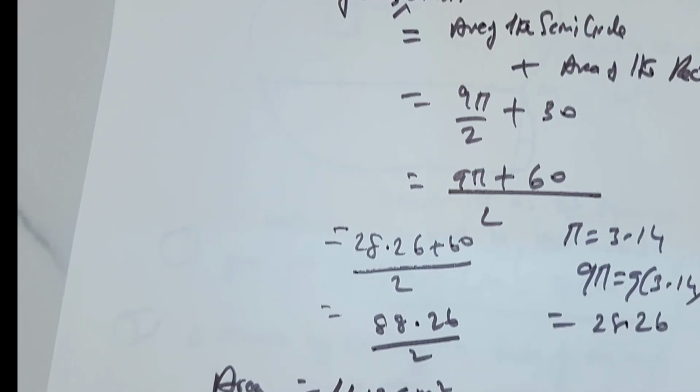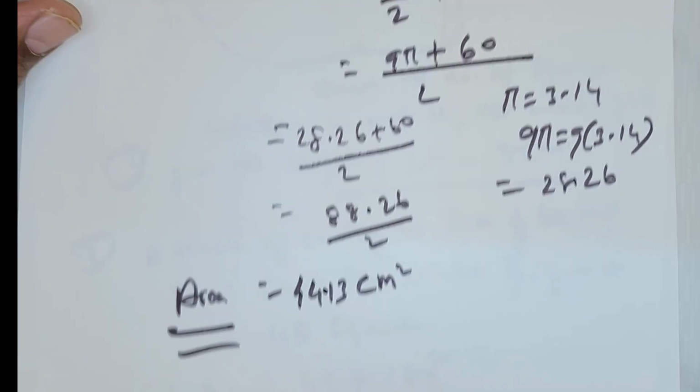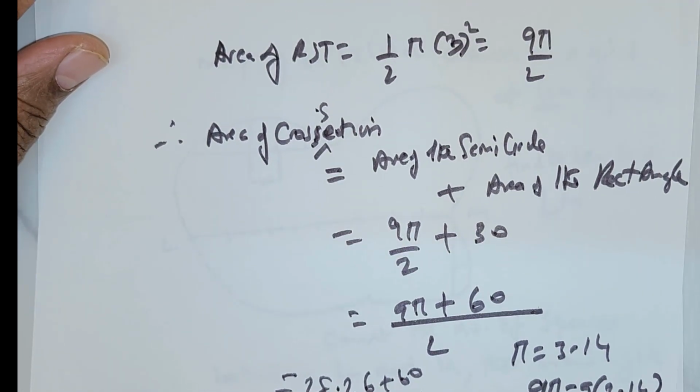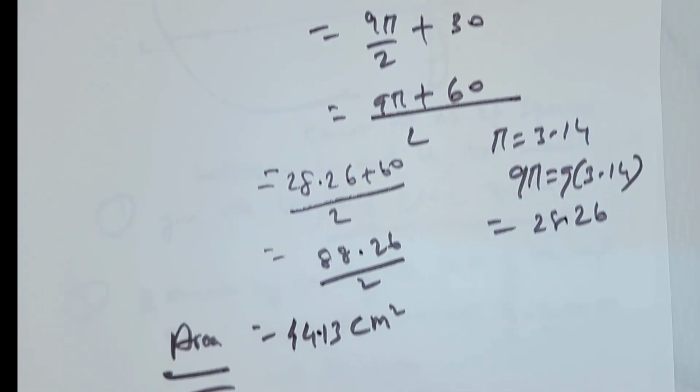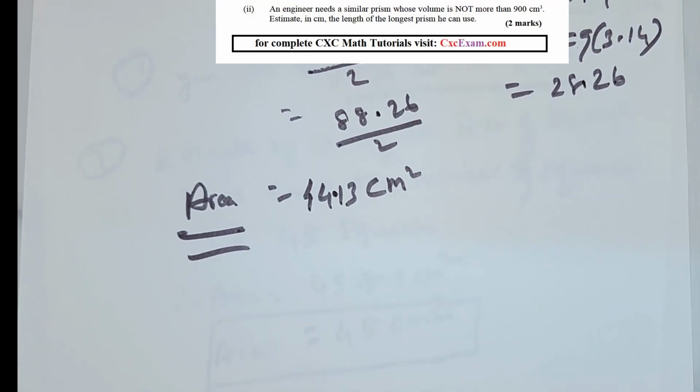Now we got one more part for this particular question. Now the question says, I hope you had a clean look on this particular question. So now what we need to do is we need to go to the next part.